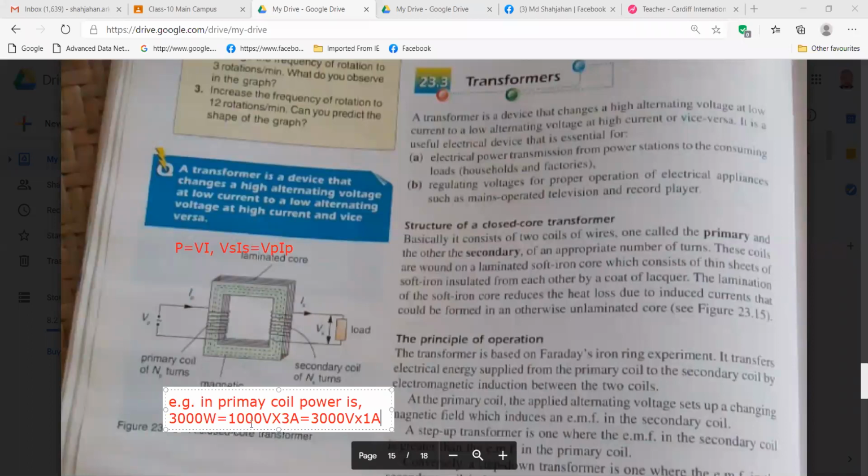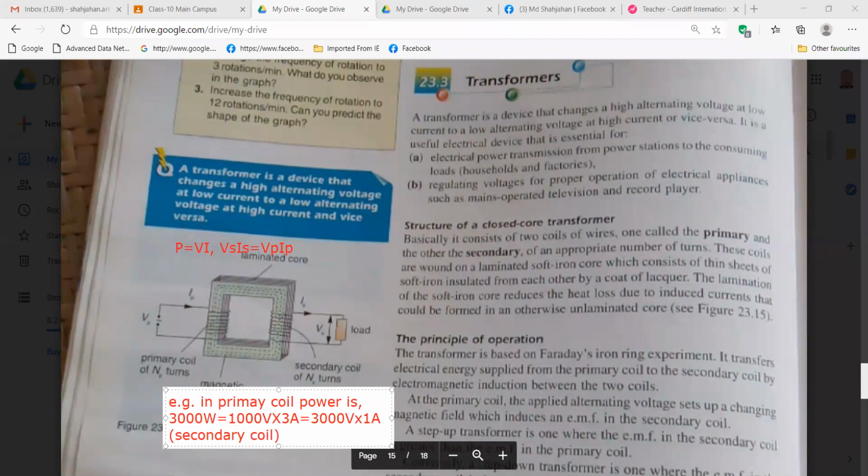It is low alternating voltage, high current, then high alternating voltage, low current. Does it match? Yes, sir. So this side I'm also adding here, this is secondary coil, so that there is no confusion.